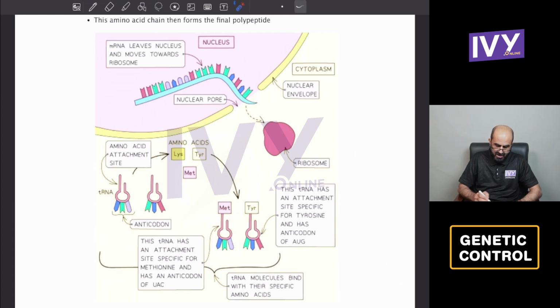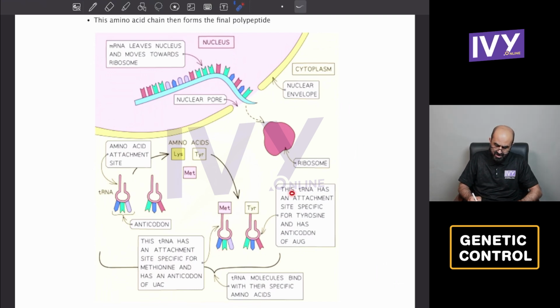Why? Because the lysine doesn't have the specific anticodon on the tRNA molecule. So this tRNA has an attachment site specific for methionine and has an anticodon UAC. You know that UAC is the anticodon which is used for the methionine to be attracted and attached to the CCA site. So here is the UAC.